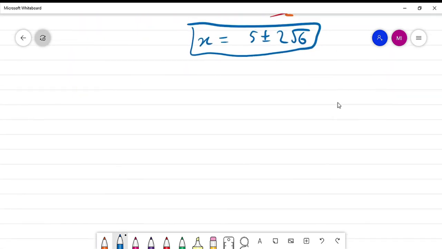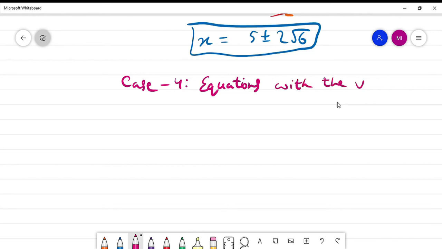That's case number 3. Now for case number 4, which is my favorite. Case number 4 is the case where we have equations with the variable in the exponent form.